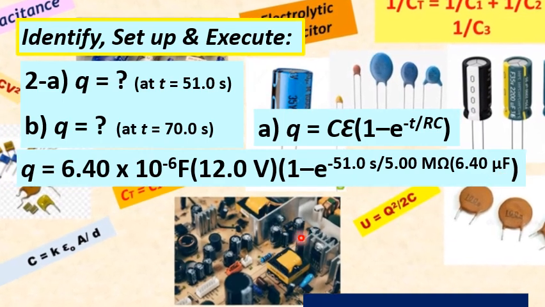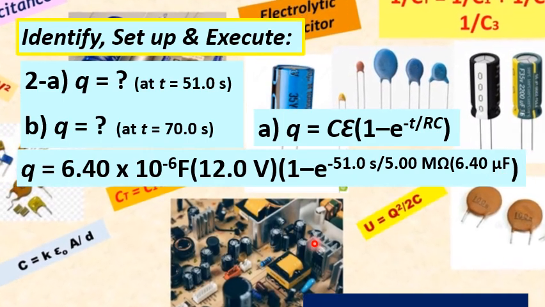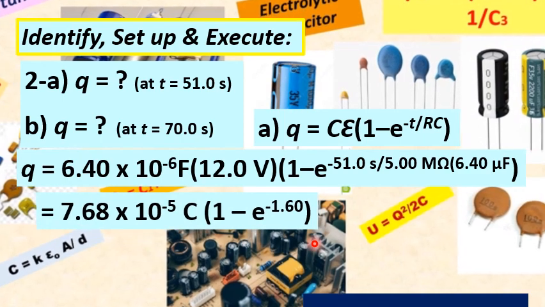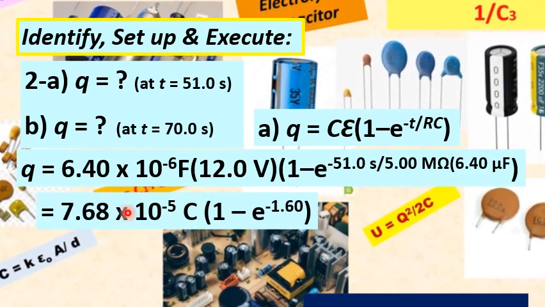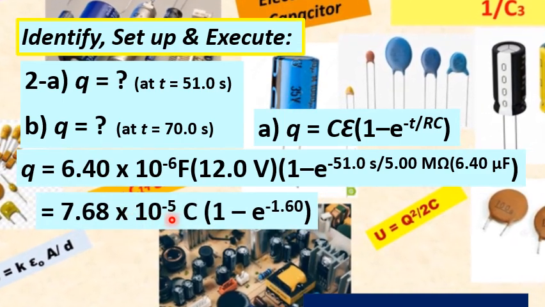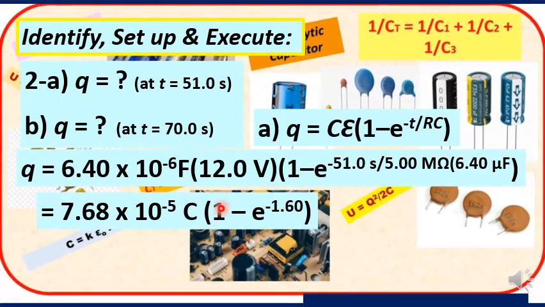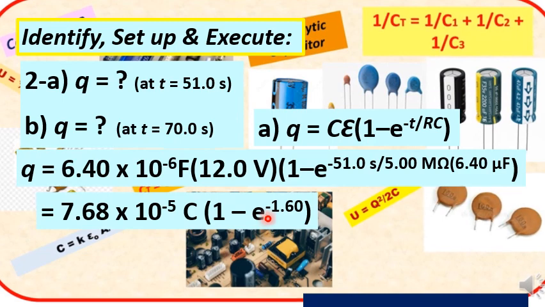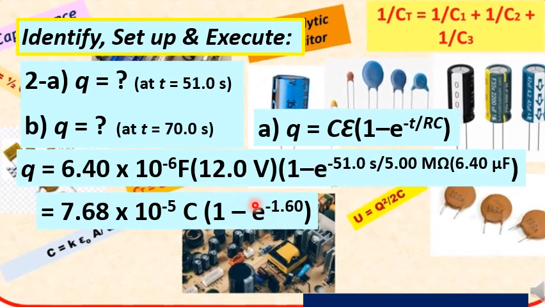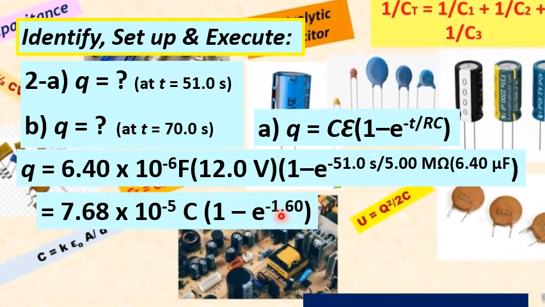So doing your math, we get small q equal to 7.68 times 10 to the negative 5 coulomb multiplied by the quantity 1 minus Euler's number raised to the power negative 1.60.